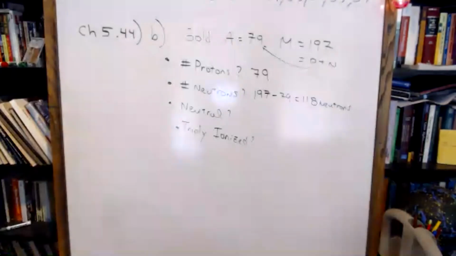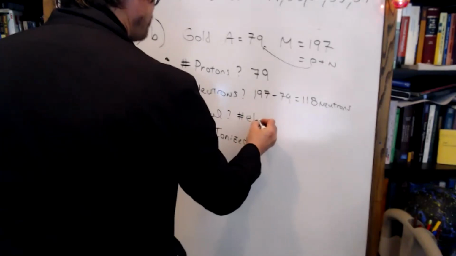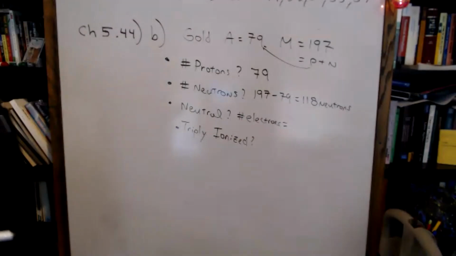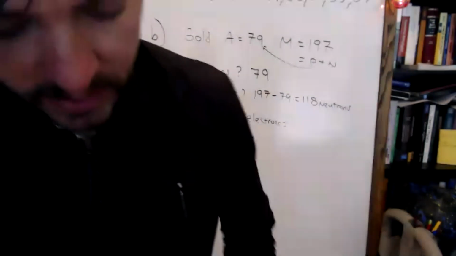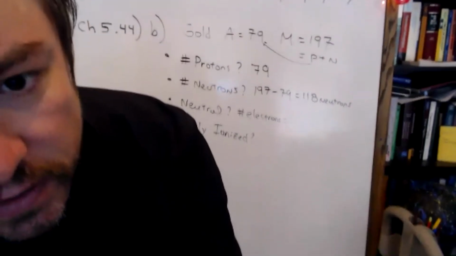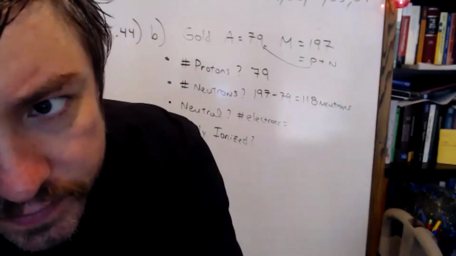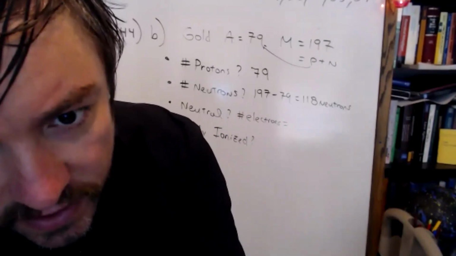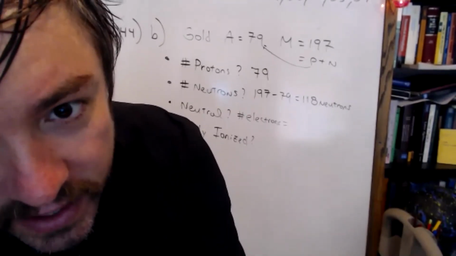All right. How about if it's neutral? How many electrons? What does a neutral atom mean? I thought these were pretty elementary questions. Neutral. Same amount of protons and electrons, like it has a neutral charge. If they are equal to each other, then it's neutral. There's no net charge. So how many electrons do we have?